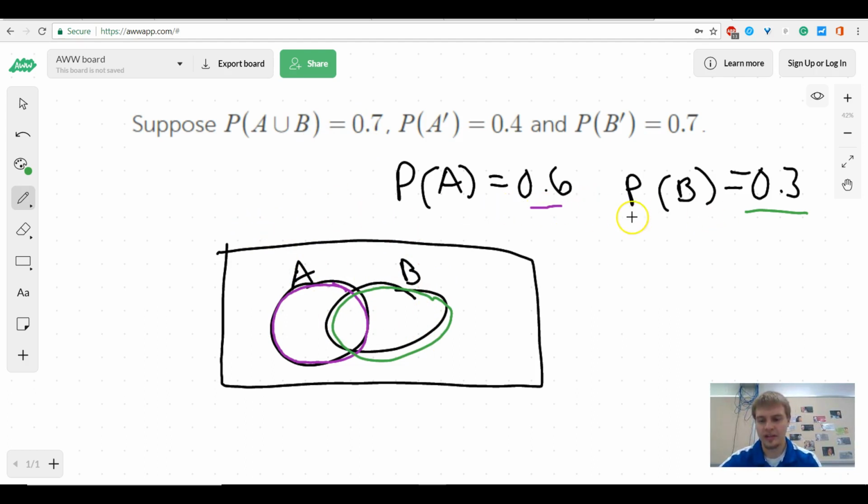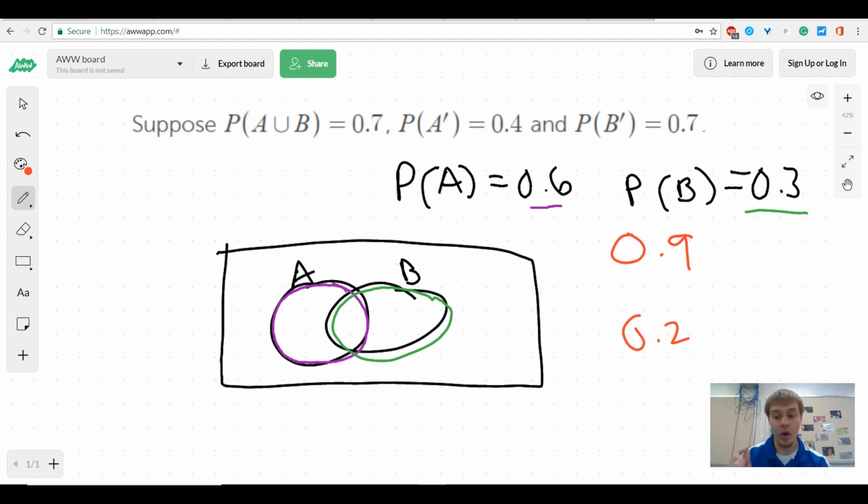Well, if you look at this whole thing, it equals 0.9, but they said the two circles together equaled 0.7. So if you think about what that means in context, this is too much by 0.2.